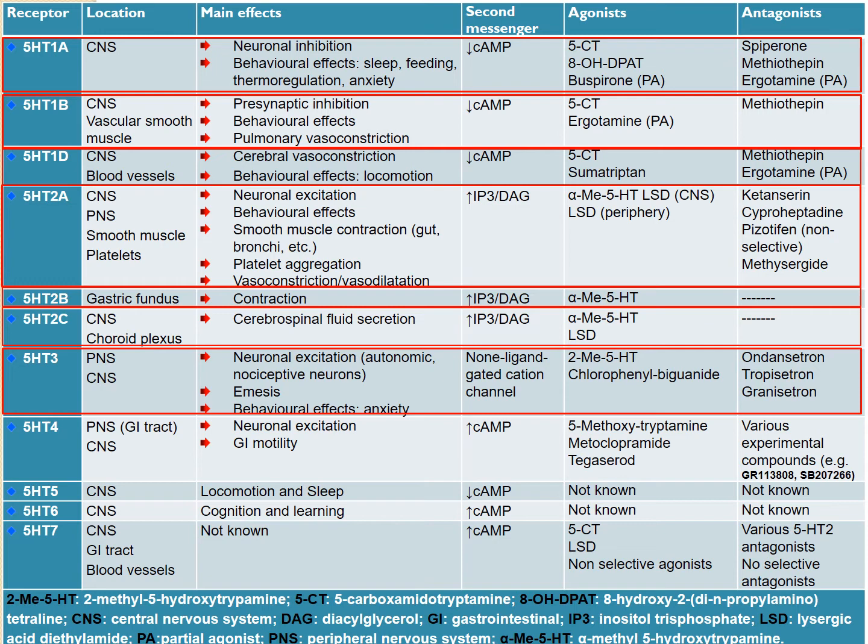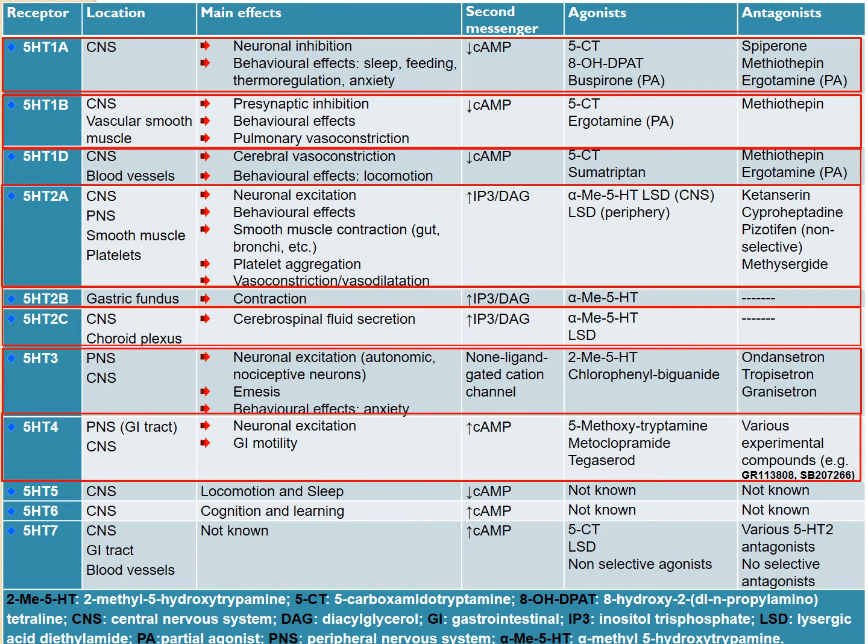It is a ligand-gated cation channel. The agonists of this receptor are 2-methyl 5-hydroxytryptamine and chlorophenylbiguanide, and the antagonists are ondansetron, tropisetron and granisetron.